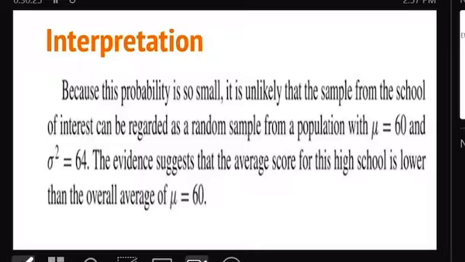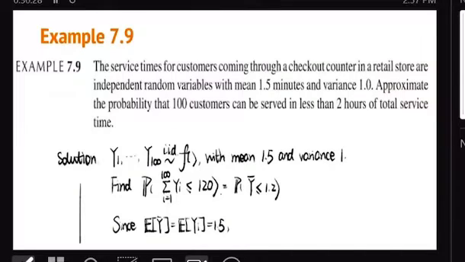Okay. I'm going to go to example 7.9. All these examples were extracted from the textbook. Now, the service times for customers coming through a checkout counter in a retail store are an independent random sample with mean 1.5 minutes and variance 1.0.